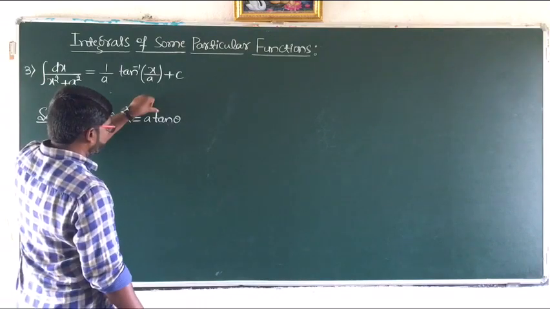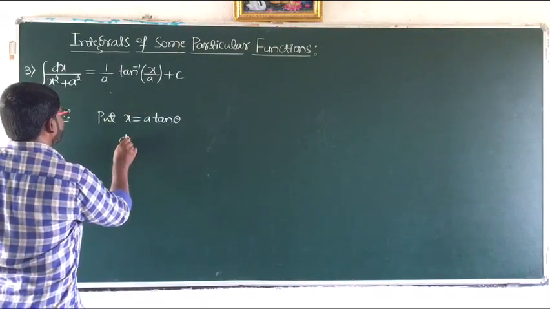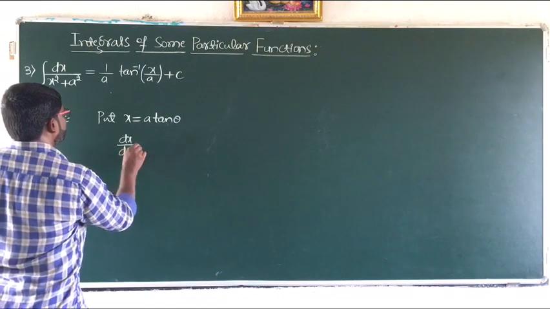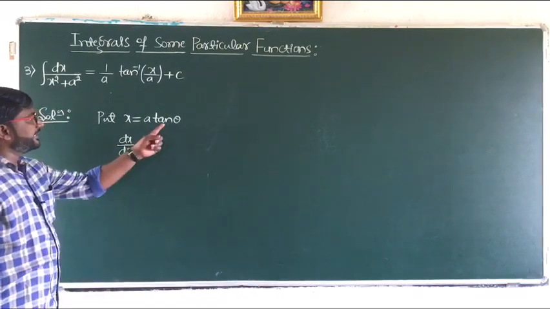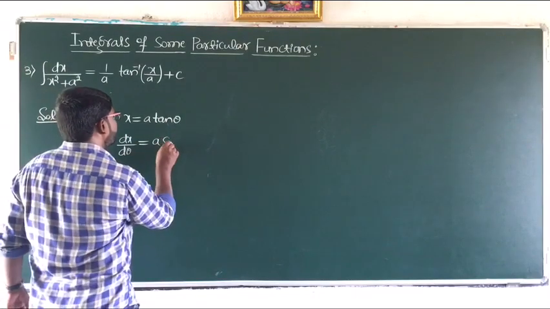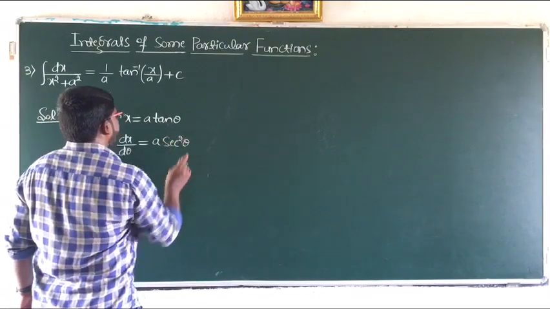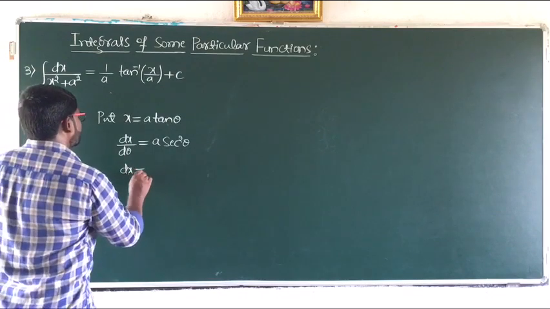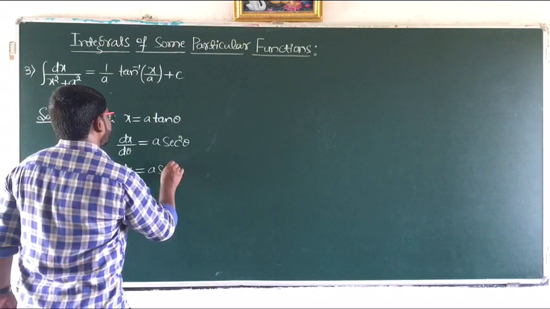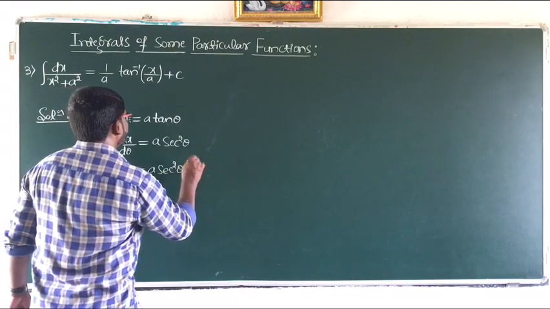So what do we get now? Here we get dx by d theta, which is equals to a, a constant, I write it as it is. Then derivative of tan theta will be secant square theta. So now take d theta to the RHS. dx is equals to a secant square theta into d theta.